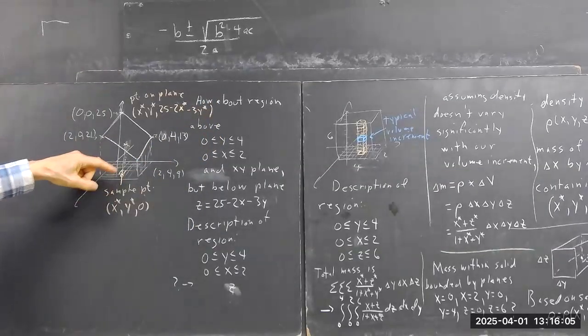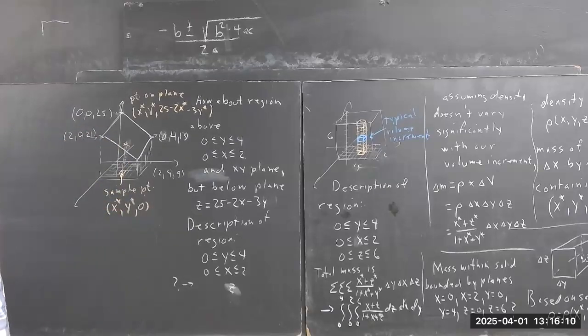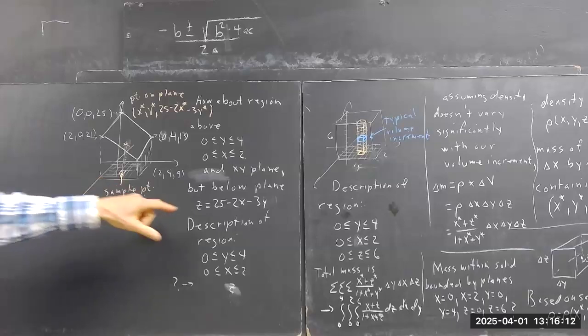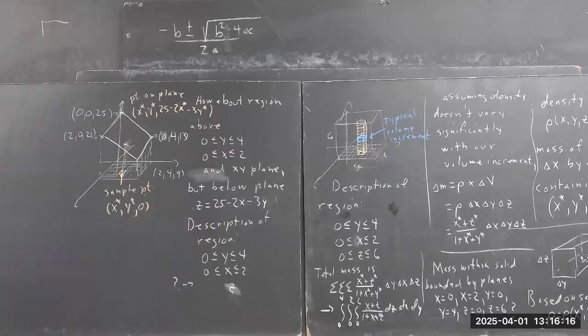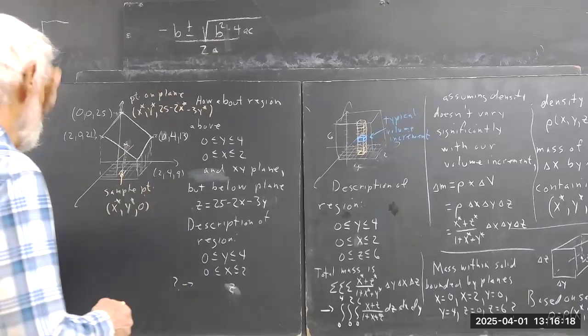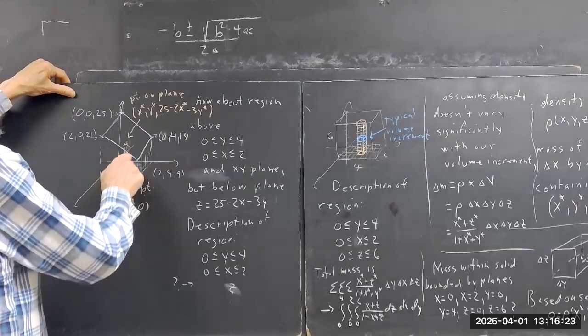In other words, if I've got the point x star, y star, 0, how do I go here? Well, plug x star, y star into the equation of the plane, and I see how high z goes. So here is that point.